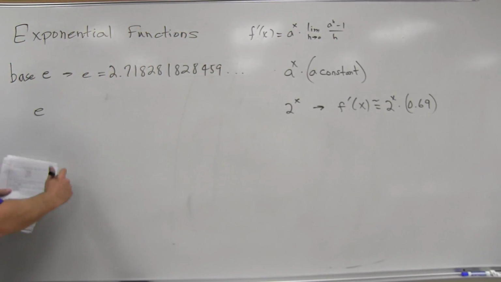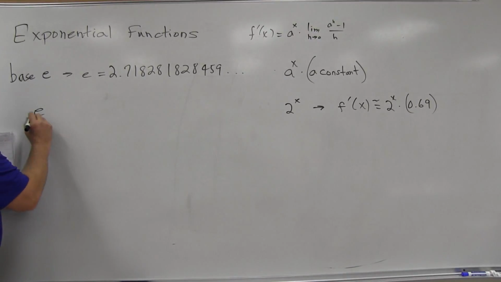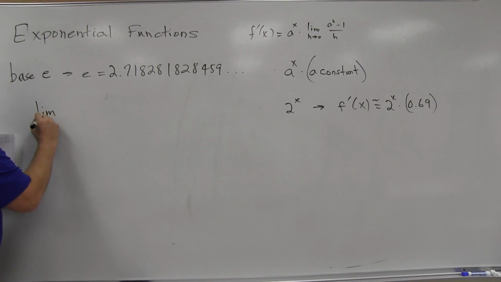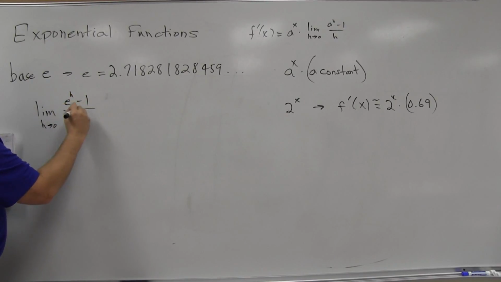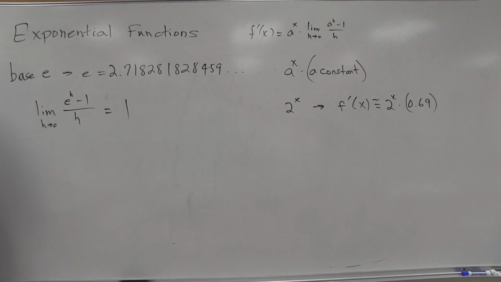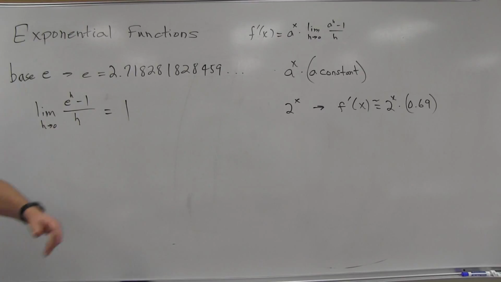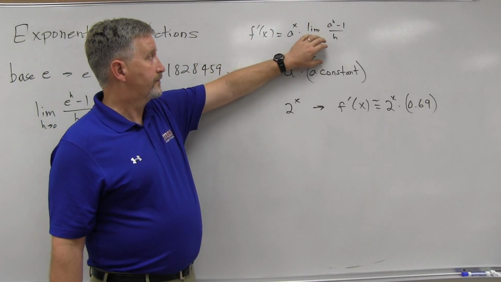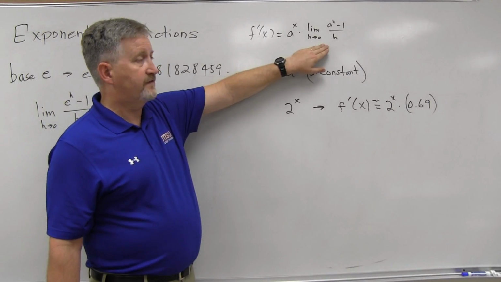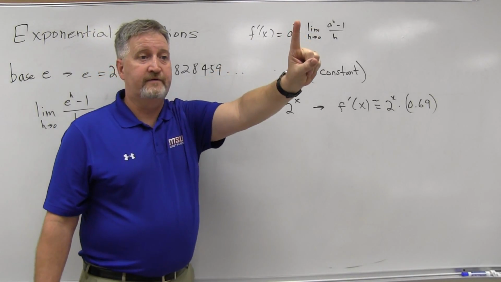In other words, the limit as h approaches 0 of e to the h minus 1 over h is 1. So this part of my exponential derivative, that part is 1.